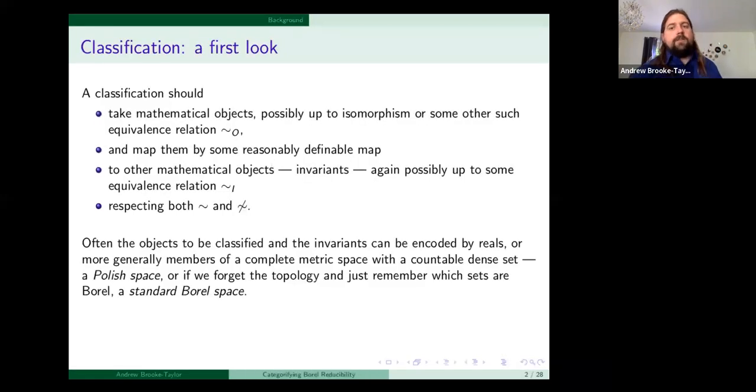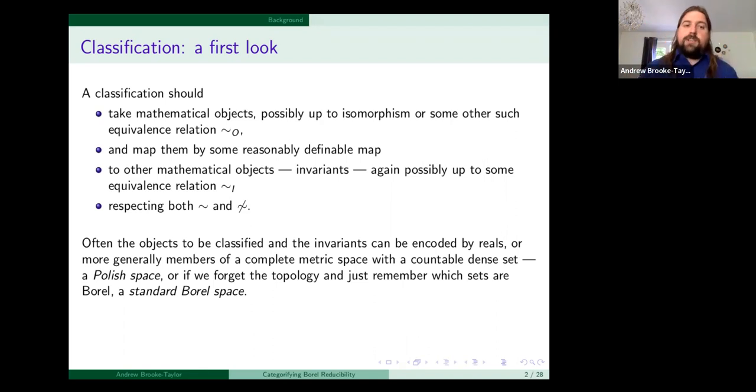So now, often these objects that we want to classify and also the invariants that we want to use to classify them can be encoded by reals, or if you want to be a bit more general, members of a complete metric space with a countable dense set. That's what's called a Polish space. Or even if we just forget the topology and just remember which sets are Borel sets, what's called a standard Borel space.